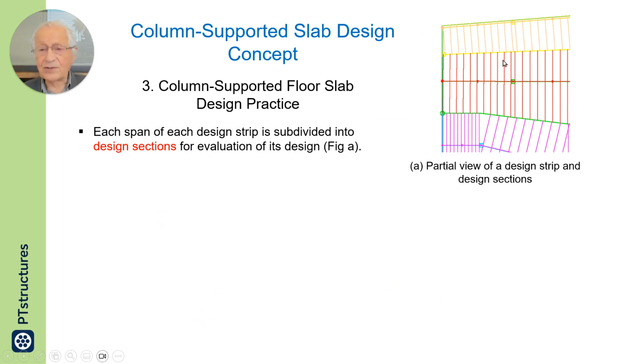So once each design strip is analyzed to determine the moments, here I show a portion of the flow. Each span of each design strip, this is one span of this design strip, is divided into design sections. It is broken into these sections for evaluation of its design.